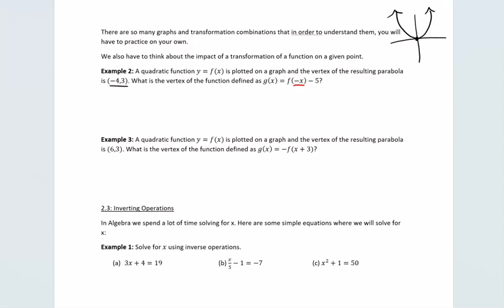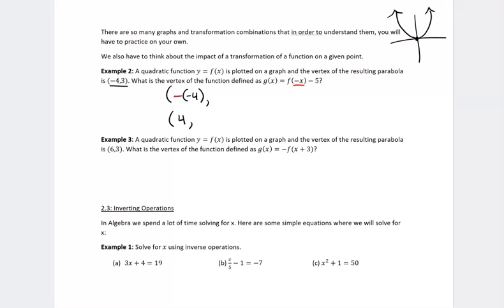We can't assume a transformation that wasn't explicitly stated. So whenever we do this, we're just going to take what was on the inside and apply it to the x value of our vertex. So in other words, because there's a negative here, we're just going to take -4 and make it negative, which means that the x coordinate of our vertex is now +4.